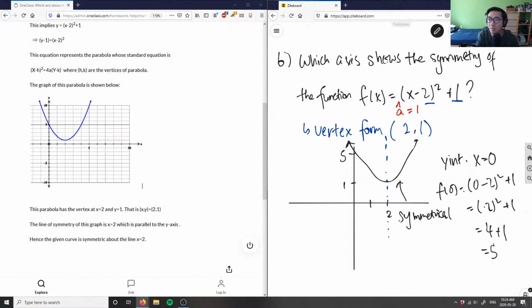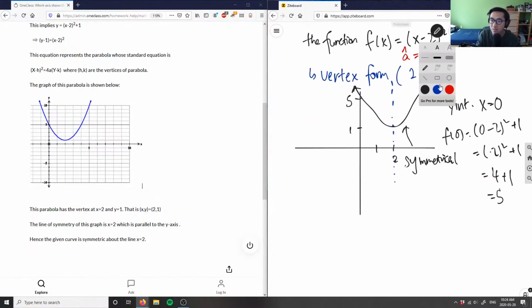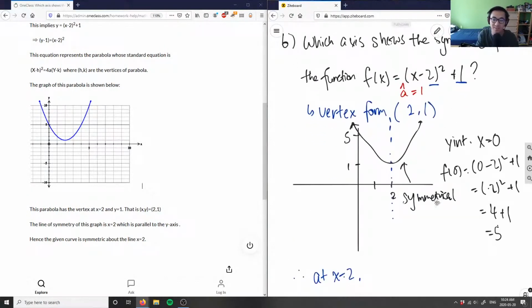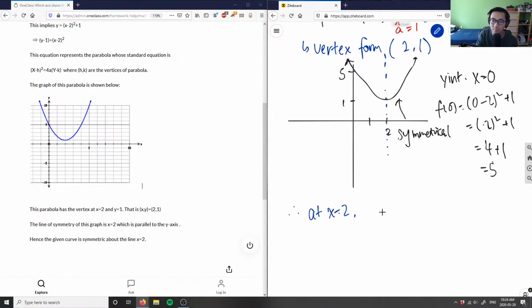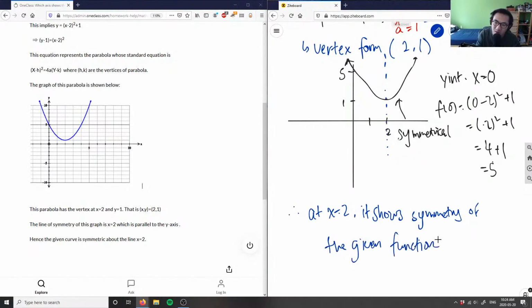So you can write a therefore statement: therefore, x equals 2 shows the symmetry of the given function.